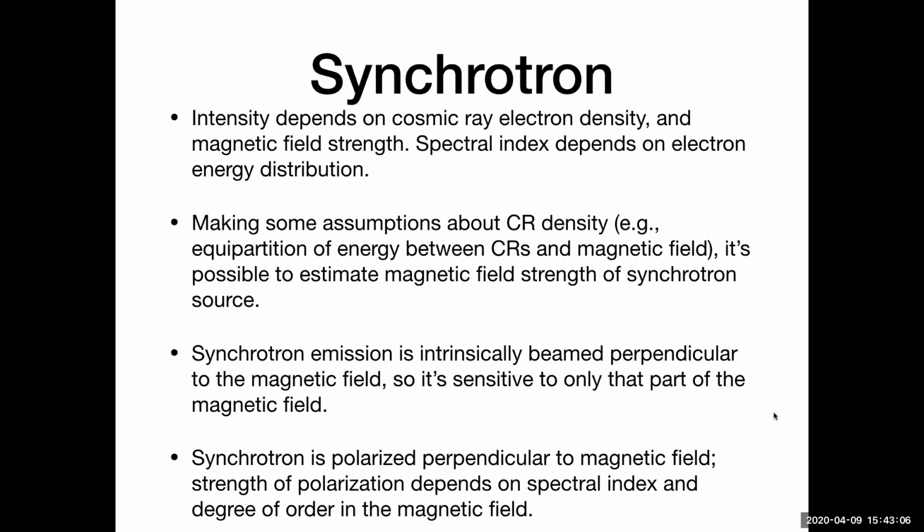And so when the magnetic field is perpendicular to the observer, there is a part of every gyration where every electron is beaming at you. Whereas if the magnetic field is along the line of sight, the electrons are never pointed at you effectively. And so that's why ultimately synchrotron intensity relies mostly on the component of the magnetic field perpendicular to the observer's line of sight.